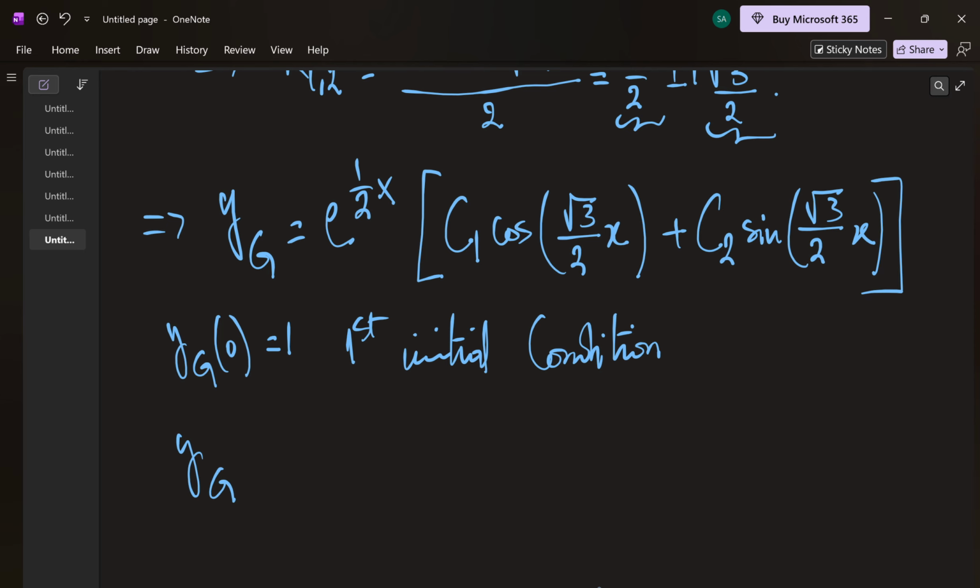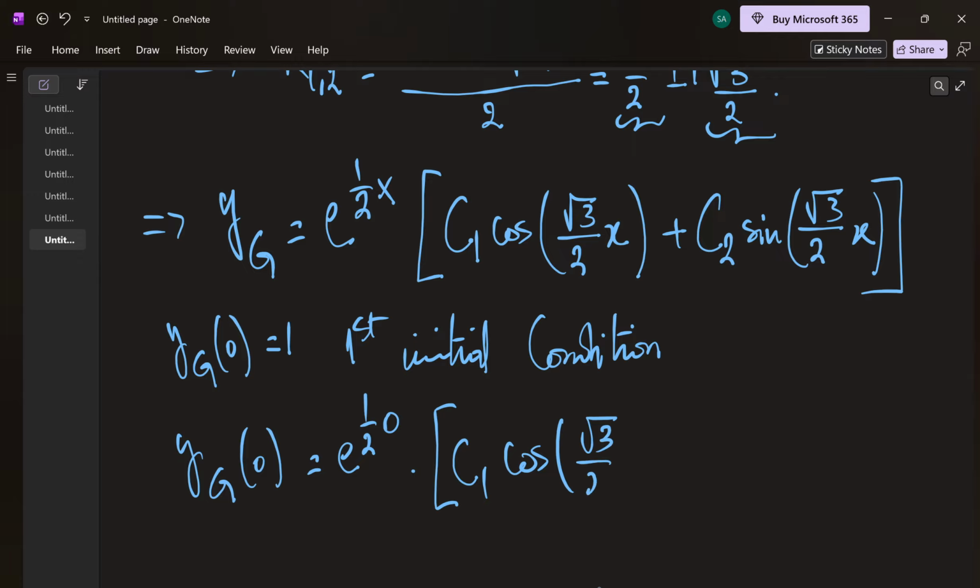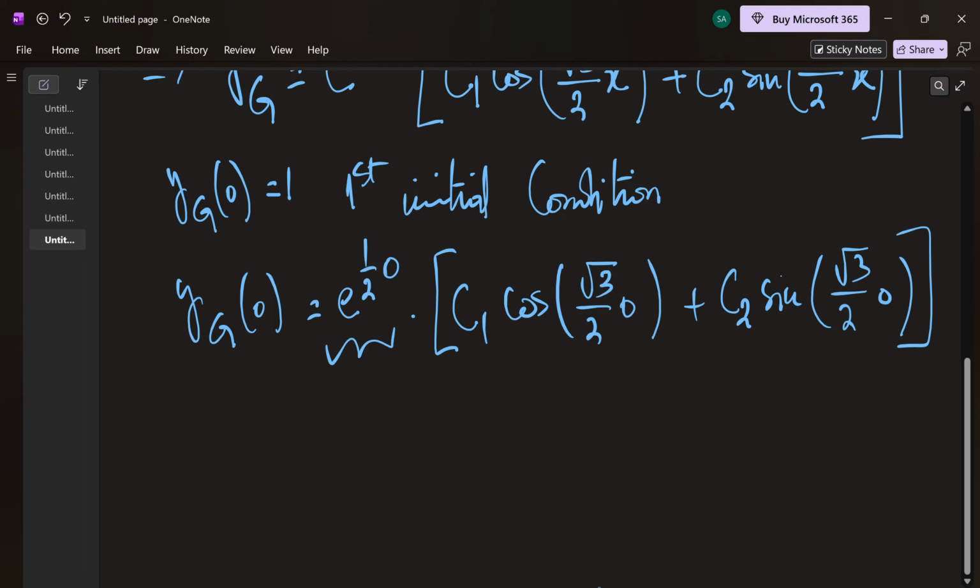If you substitute 0 in x, what do you get? So yg of 0 is equal to exponential 1 over 2 times 0, times c1 cosine of square root of 3 over 2 times 0, plus c2 sine of square root of 3 over 2 times 0.